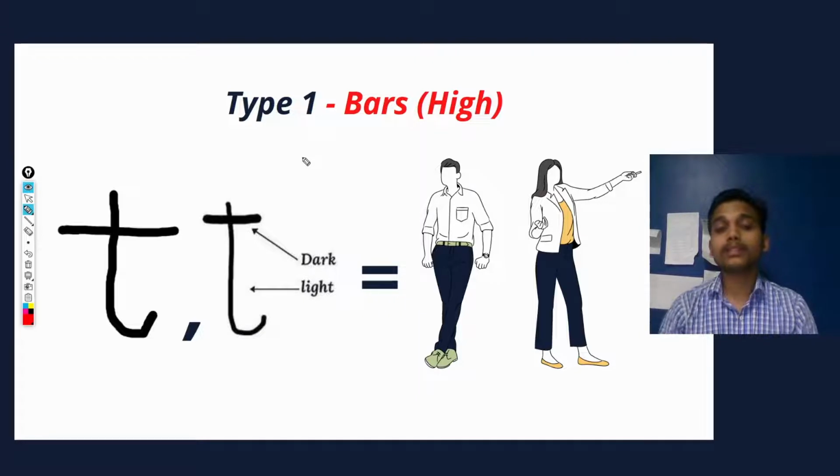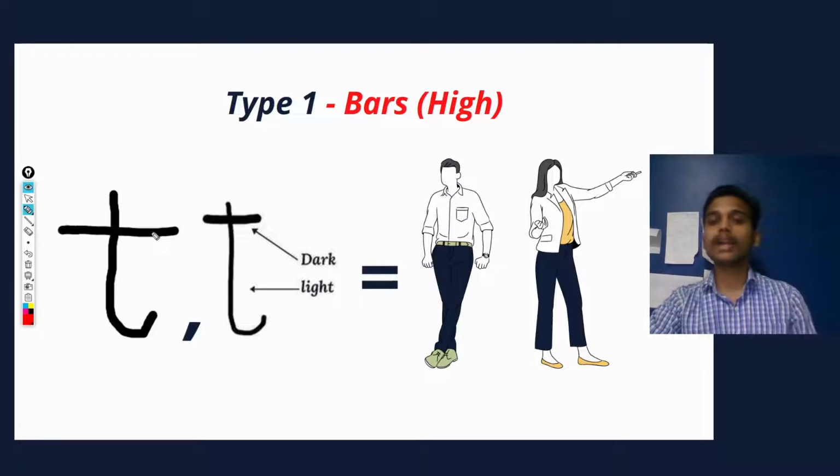Now, you may ask, what are the negative aspects of this high bar? Well, just like the rule of thumb, higher the bar, more the self-esteem and confidence. Similarly, higher the bar, more the ego a writer has. This writer has ego, yet it's not as much as this person. This person will react if you insult them.